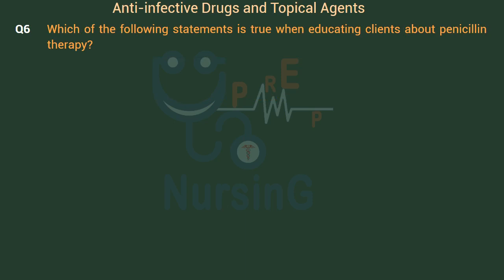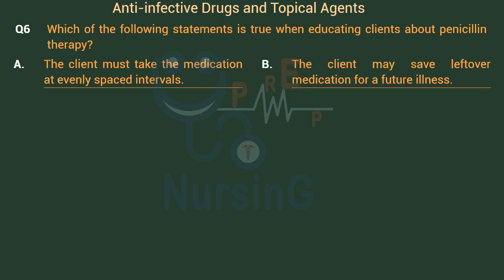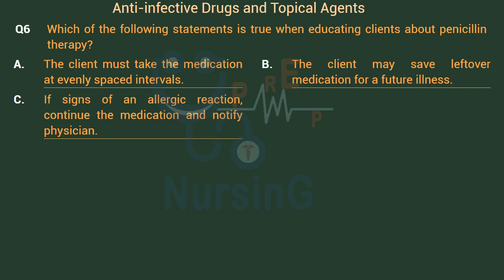Which of the following statements is true when educating clients about penicillin therapy? Option A. The client must take the medication at evenly spaced intervals. Option B. The client may save leftover medication for a future illness. Option C. If signs of an allergic reaction appear, continue the medication and notify the physician.